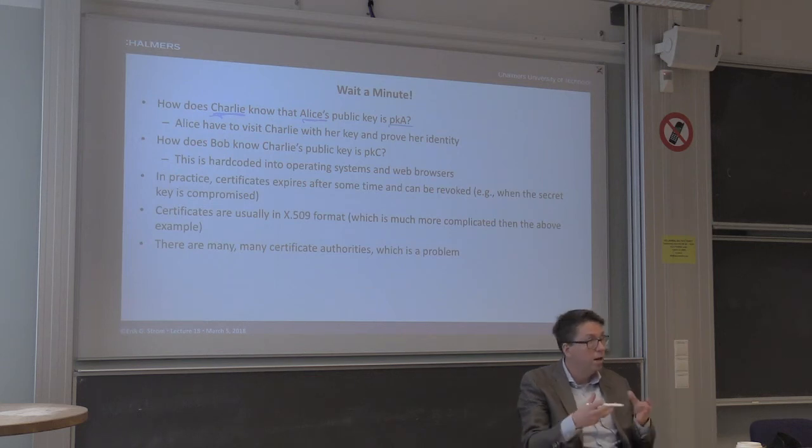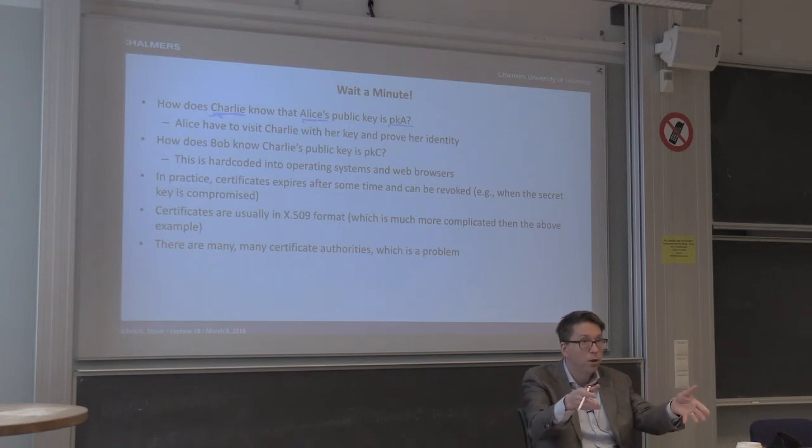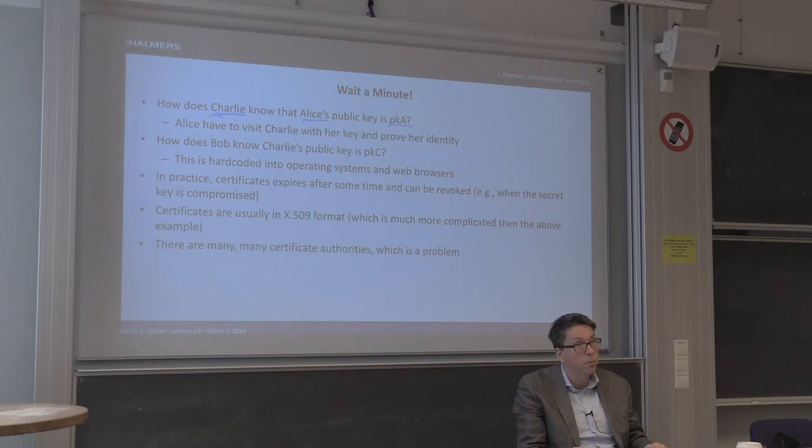So if I want to have a certificate of my public key, I actually have to go somewhere and show my ID and show my string of bits, and then the person for this certificate authority needs to check my ID and so forth, and then gives me a certificate back, right?